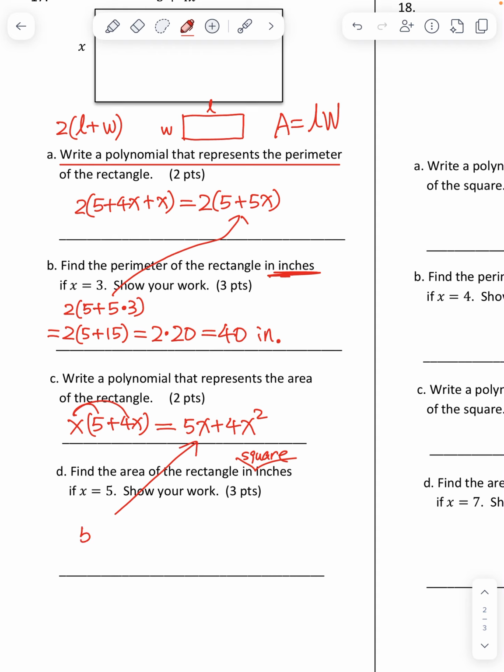So 5x means 5 times 5, plus 4 times x squared, that means 5 squared. 5 times 5, 25. 4 times 5 squared, also 25. So this equals 25 plus 4 times 25, that's 100. So the final answer is 125 square inches. That's the unit, square inches.